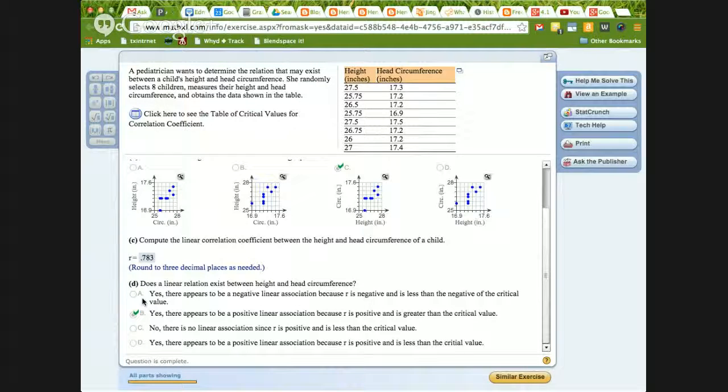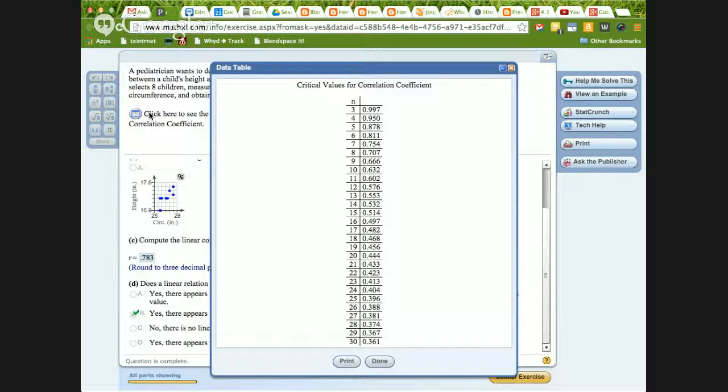So what we want to do here is figure out if this correlation is strong enough to warrant us calling it a linear correlation, whether we can really say it correlates to a line or not. And the way you do that is to click this button right here, and it gives you the critical values table. And really what you have to look up here is the number of data points you have.